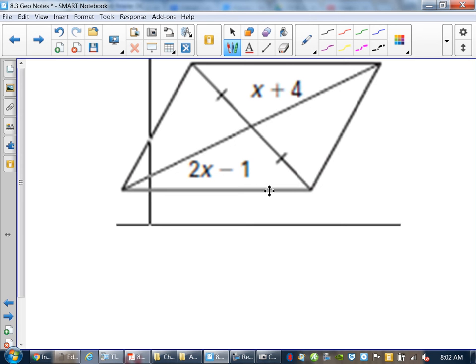So when we go back to this, if you have a parallelogram, you've got your opposite angles congruent, opposite sides congruent, opposite sides parallel, consecutive angles supplementary, and what was it, diagonals that bisect.